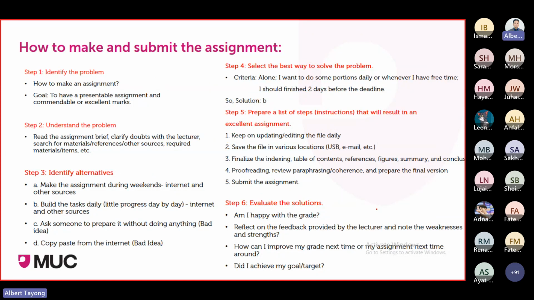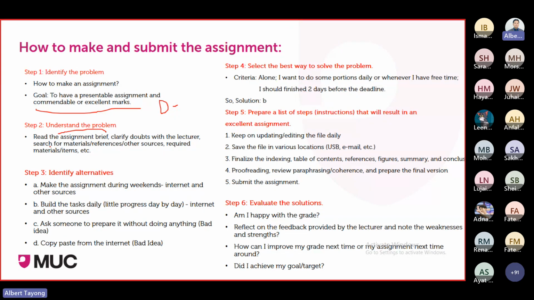All right, so of course, the problem is how to make an assignment and your goal. Some students, their goal is just to pass. You can also have that. And how to understand this particular problem. Of course, you have to read the instruction given by the lecturer and clarify doubts with your teacher.